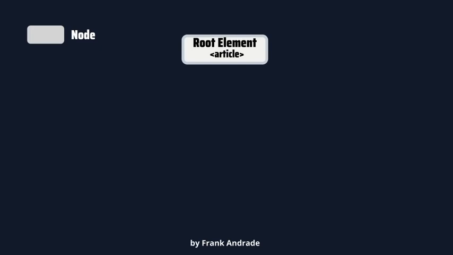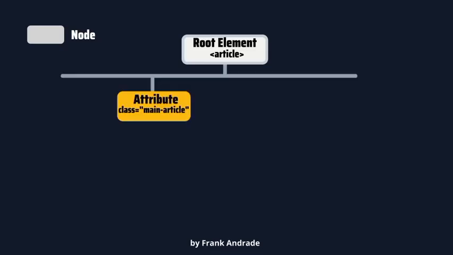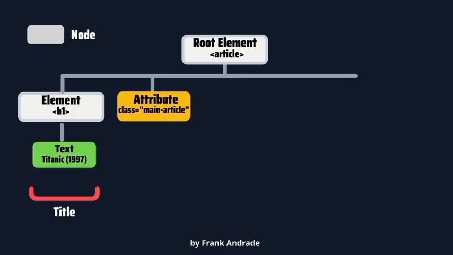The first element of the tree is the root. In this case, the root is the article element. As we've seen in the HTML code before, this article tag has an attribute called main article. This root element also contains the h1 tag, which contains the text Titanic, the title of the movie.